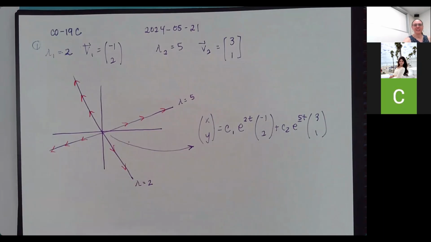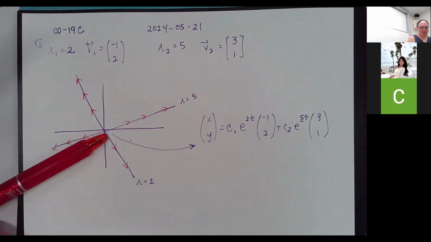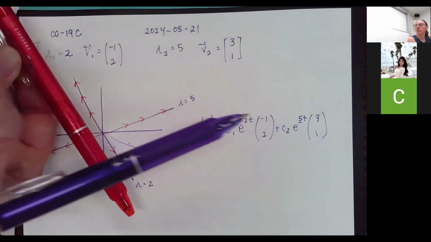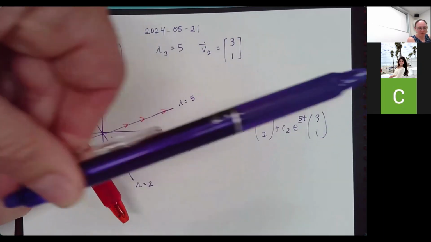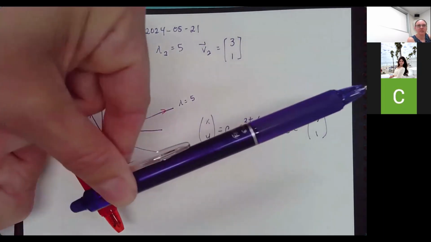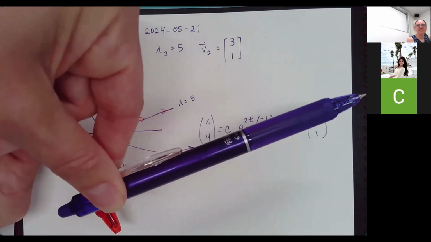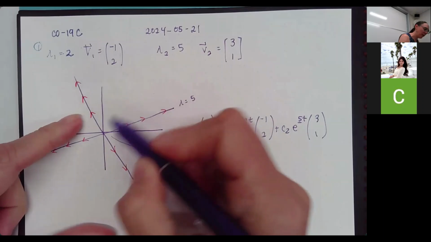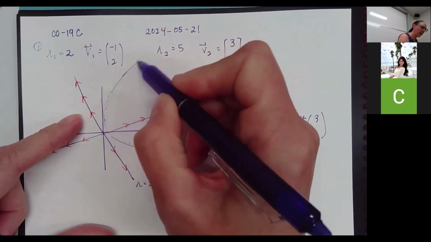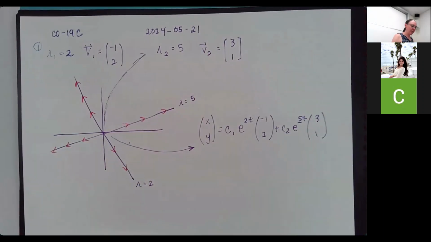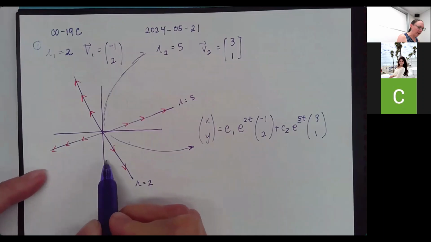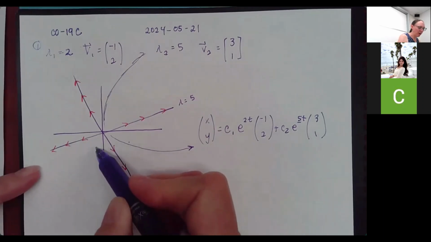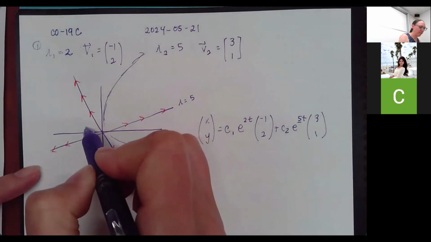That's why I said right. So I've got a little bit of push in this direction, but I've got a lot of push in my purple direction here. Does that sort of make sense? So I've got a little bit of push in this direction, but a lot of push in that direction. And over here, I've got a little bit of push in this direction, but a lot of push in this direction.